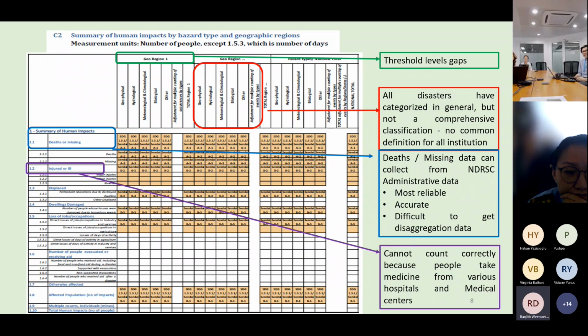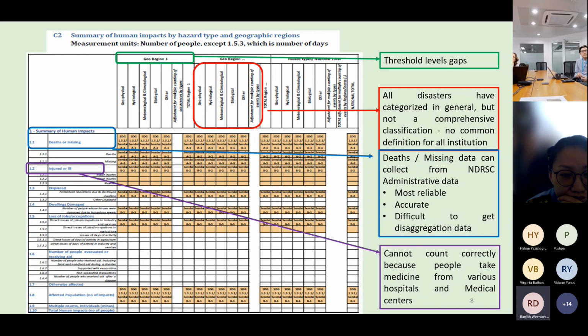Yes, okay. Now let's see the summary table of human impacts by hazard type and geographic regions. The first one is geo-region. We can get the geo-region wise data by using NDRSC and Disaster Management Center data.